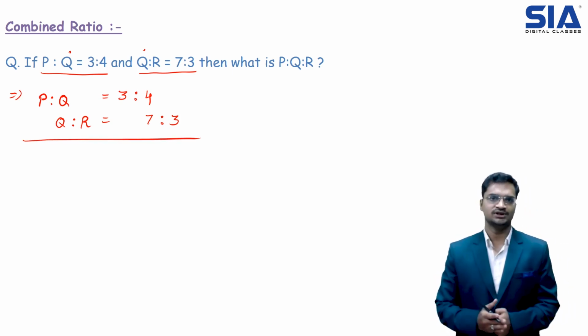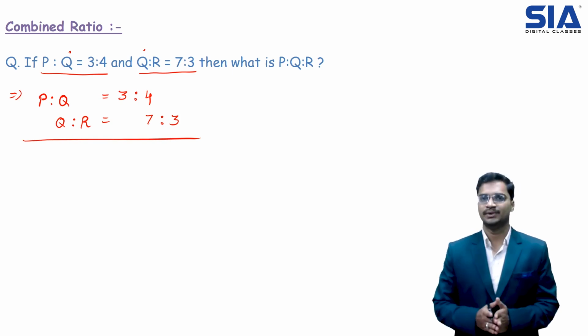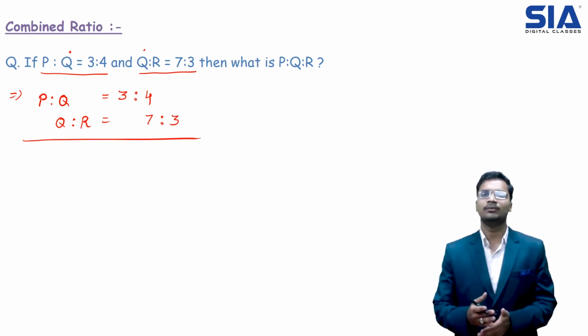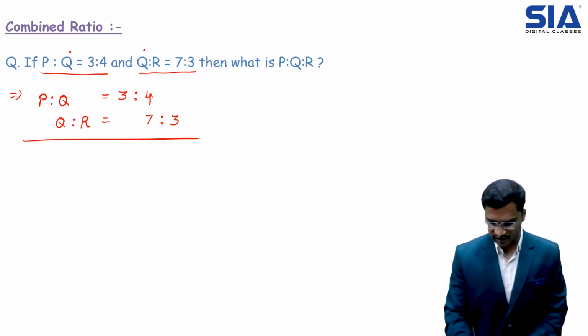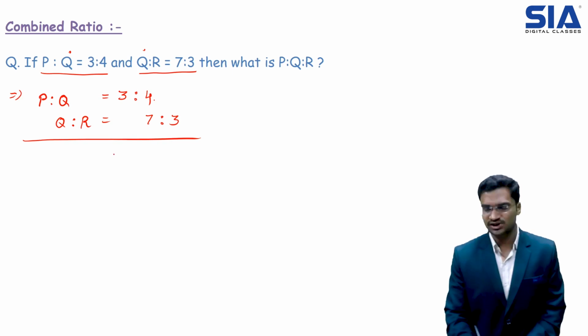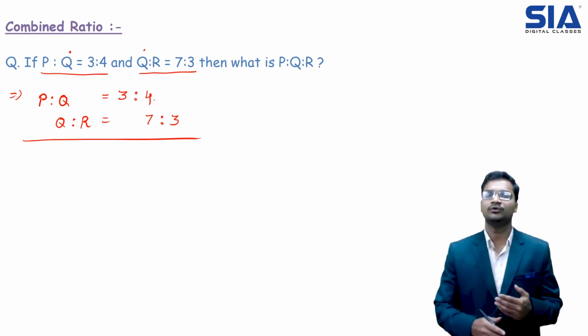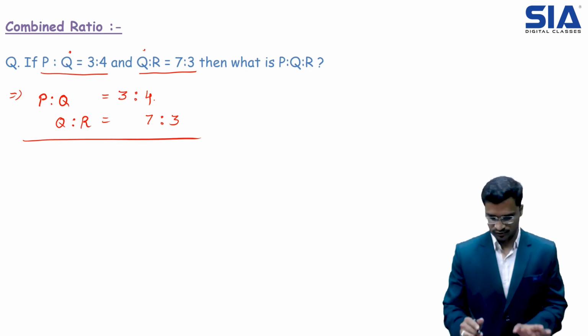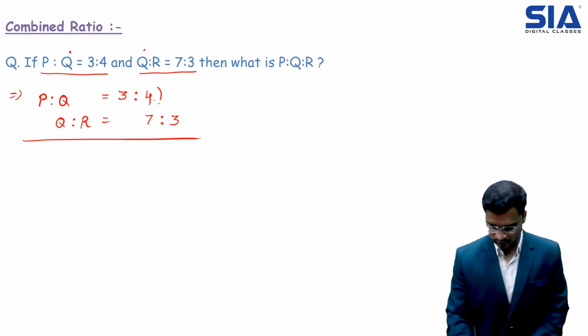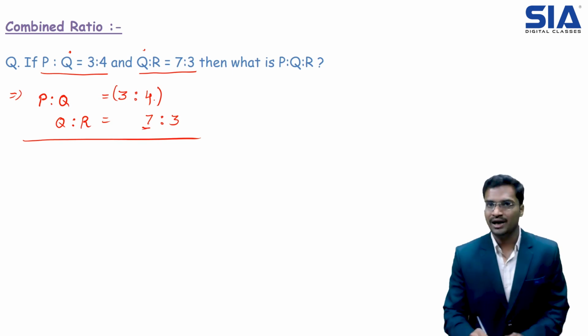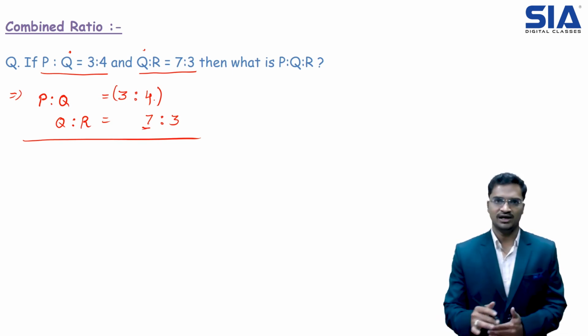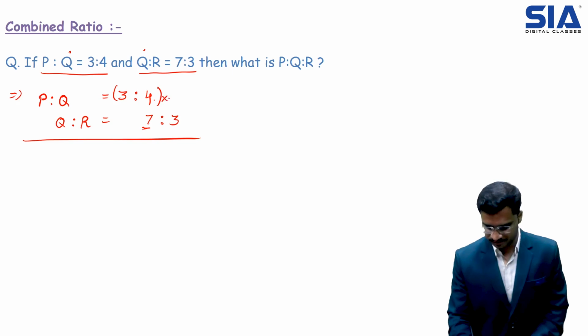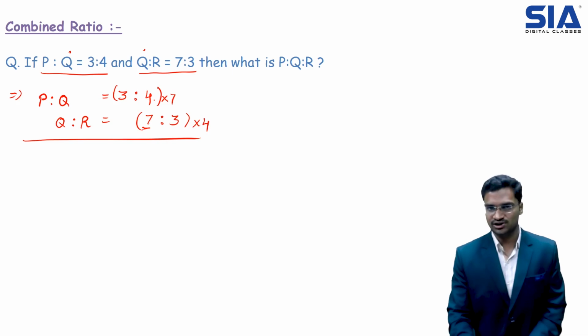Now in our first method, or basic method, I have to equalize both of the Q values. In the first one, the value of Q is 4. In the second one, the value of Q is 7. I have to make both of them equal. So I multiply the first ratio by 7 and the second ratio by 4, because 4 into 7 is 28, and 7 into 4 is 28.